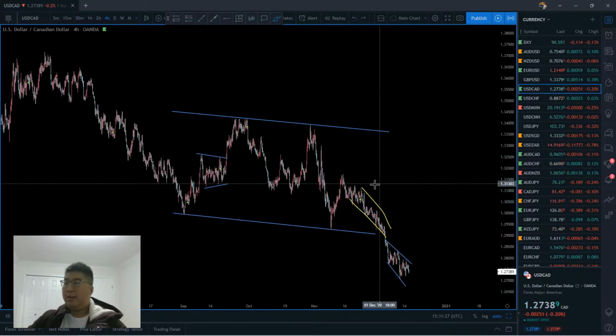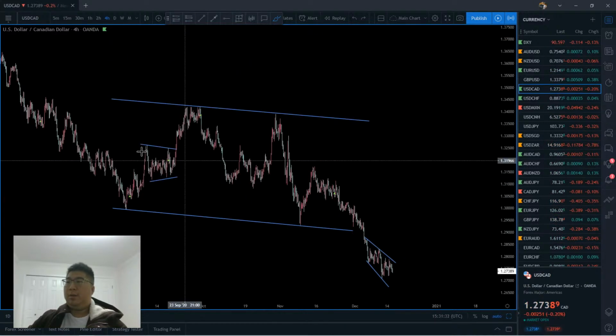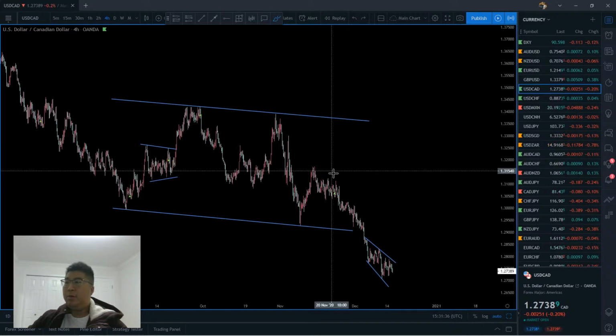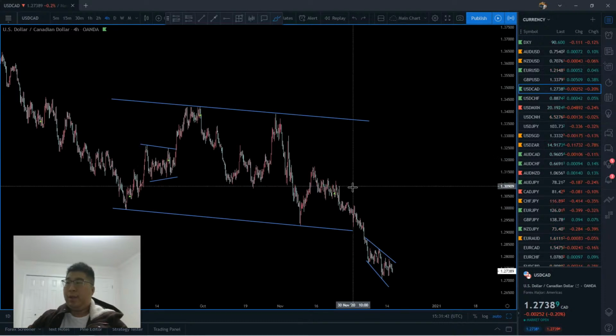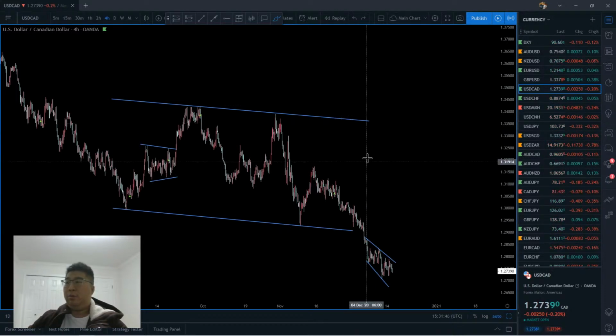It didn't give us that price action, and that's why there's no entries and there's no trade, right? And this is why when you do your analysis, you need to forecast the market. You need to write down or picture down what things you want to see from the market in order for you to look for that potential entry.